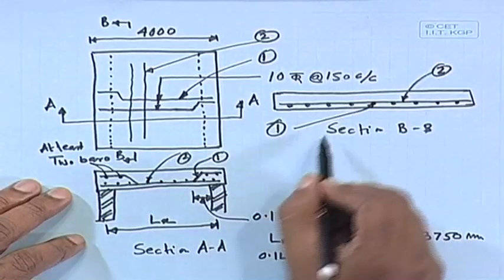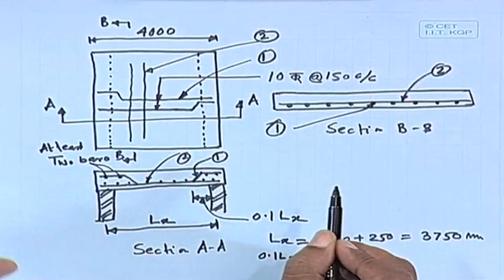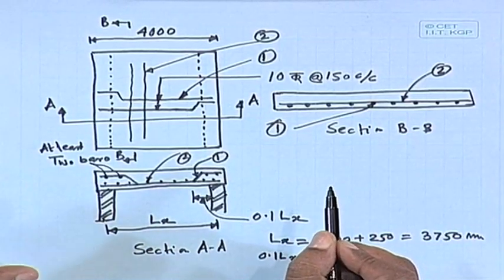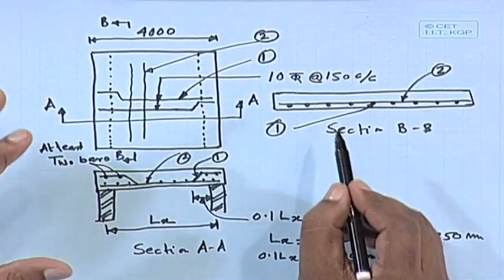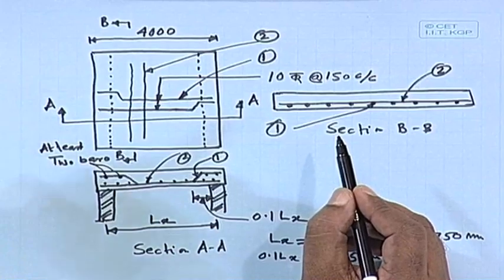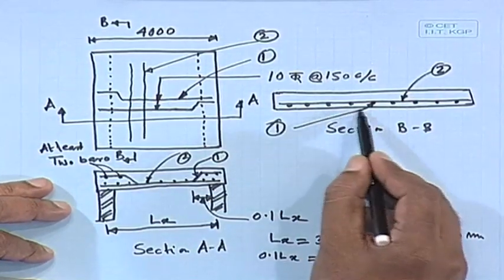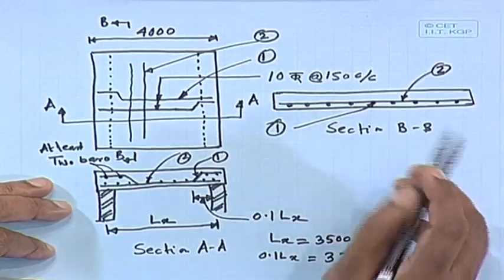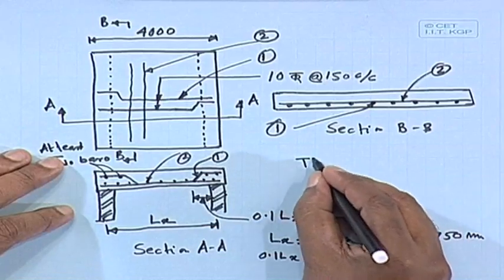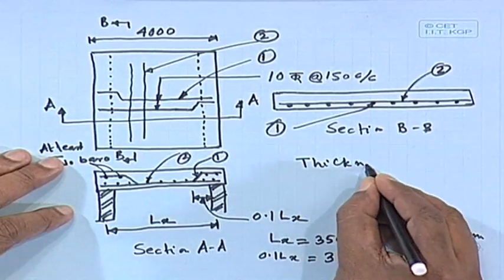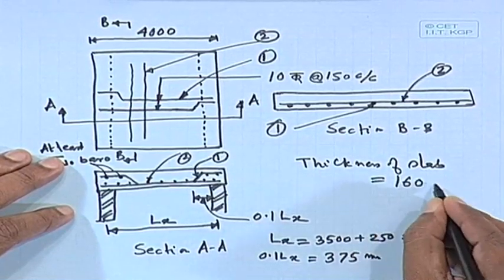You can see the main reinforcement will always have the maximum effective depth. This is your main reinforcement, so it should have the maximum effective depth. That is why it is always below the distribution steel. You have to provide the reinforcement, and we also provide the thickness of the slab, here 160 millimeter.